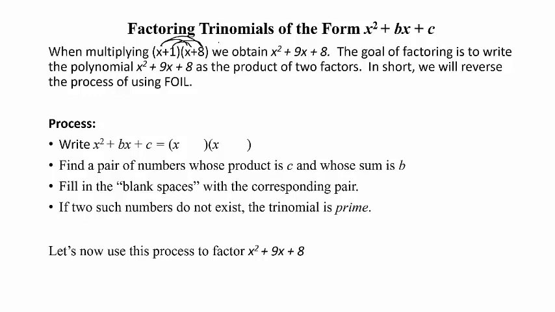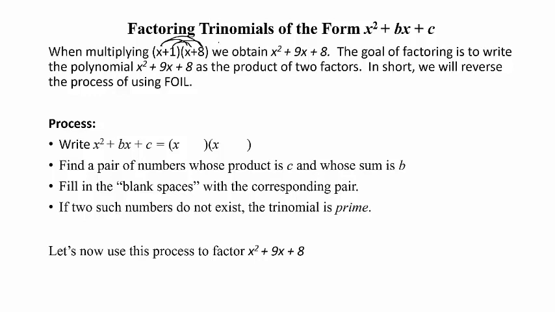Namely, in this case, the factors would be x plus 1 and x plus 8. When we multiply those two things together, we get x squared plus 9x plus 8. So in short, we're trying to reverse the process of FOIL. So if we have a trinomial, can we factor it into the product of two binomials?